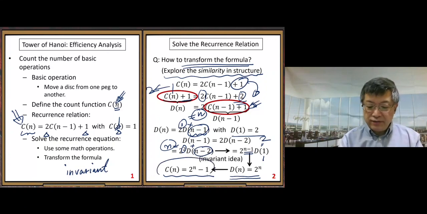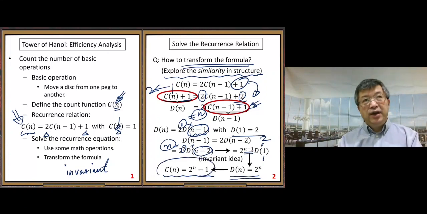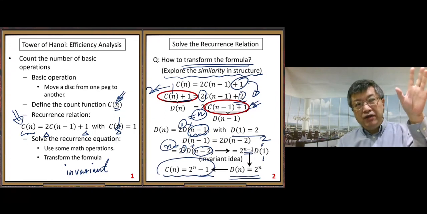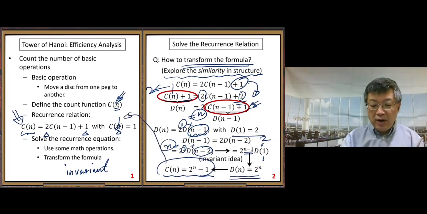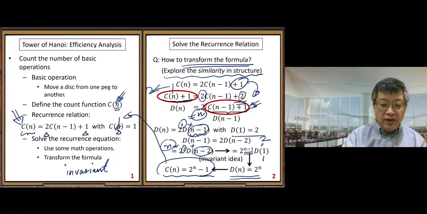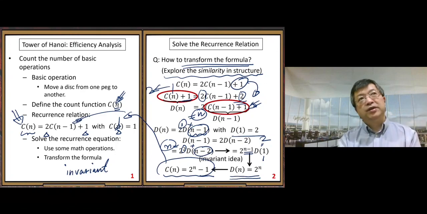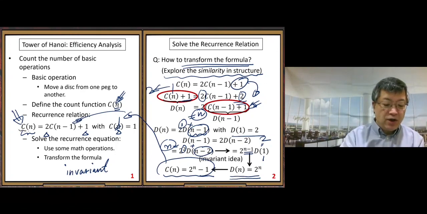That's the answer. Now, if you want to check if it's correct, you can go back to the original. You plug in 1 there, it's true. Then you verify the equation. You can easily see this is also true.